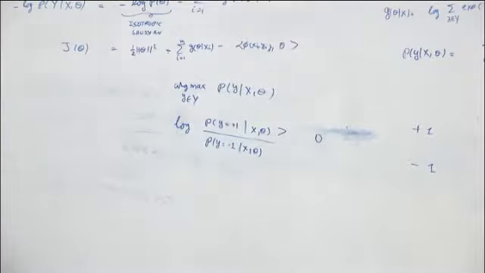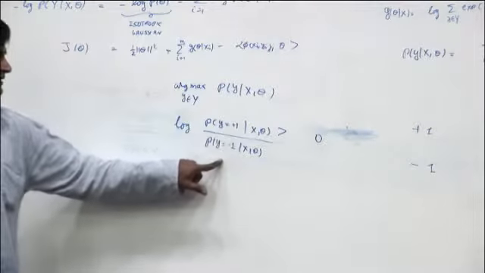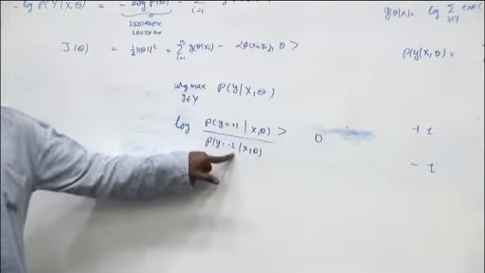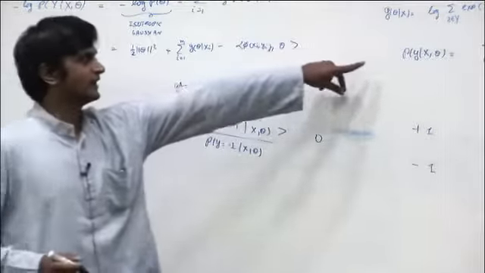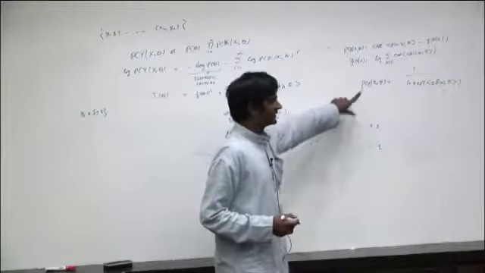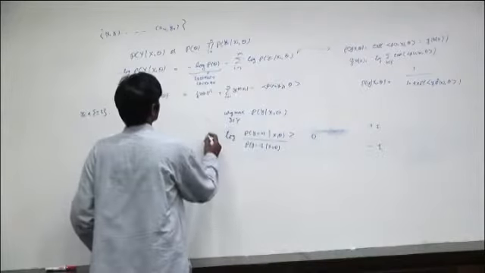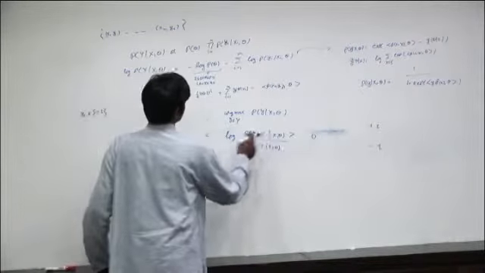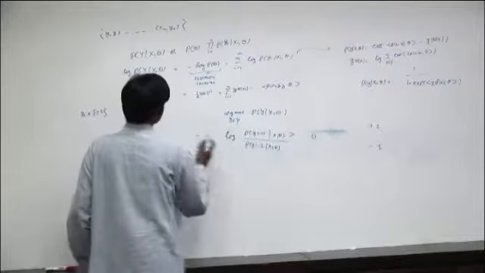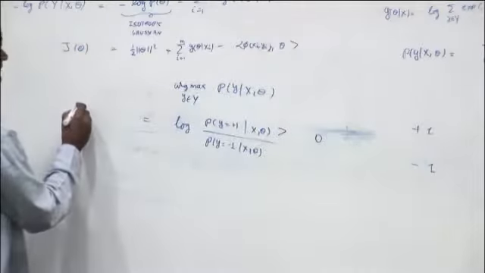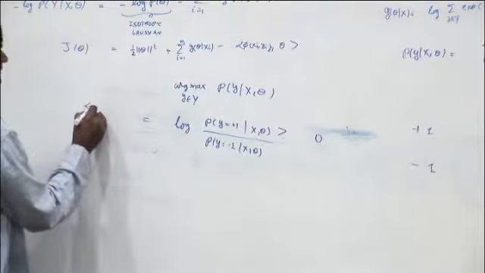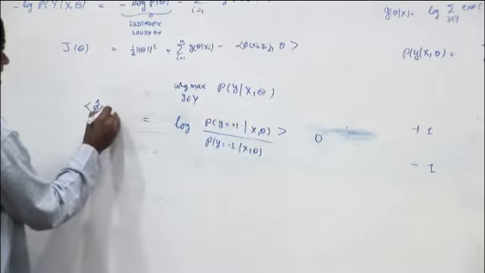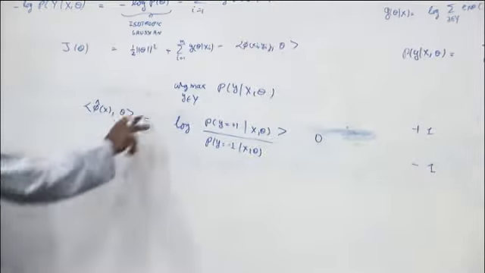Now, what is the log of P of y equals +1 over P of y equals -1? We know P of y has this form. If you use this here, what happens? You just have to do the math. It will just turn out to be phi hat of x times theta.